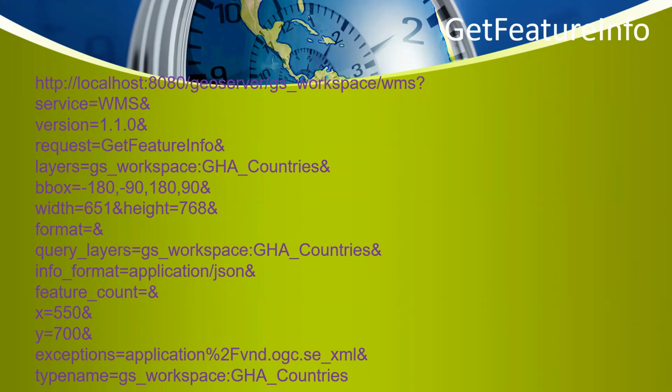For this bounding box, we have added extreme coordinates for WGS 84, I believe. This is a latitude and longitude kind of system, whereby for the maximum longitude, the imaginary lines that run from the north to the south pole, the maximum is normally negative 180.